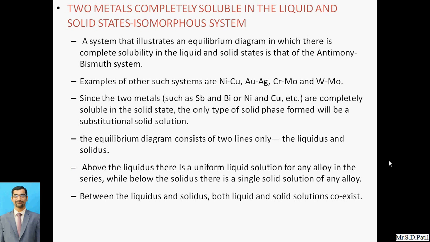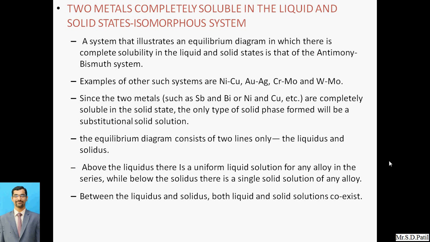The two metals should be soluble in both states, that is liquid and solid. It means when both metals are in the liquid state, they have to be soluble in each other. It should not be that one metal is in the liquid state and the second remains in the solid phase.